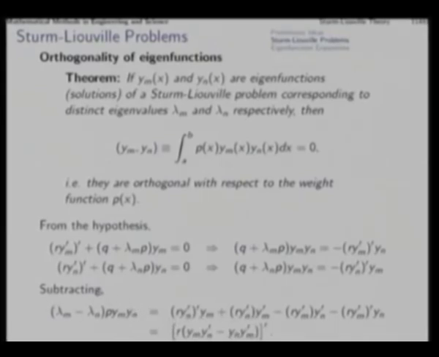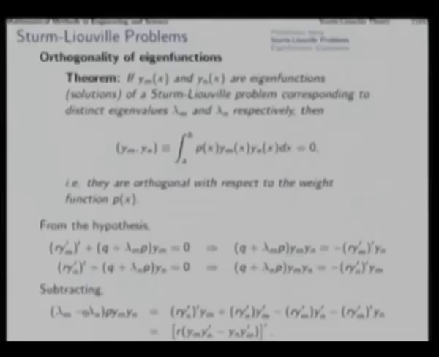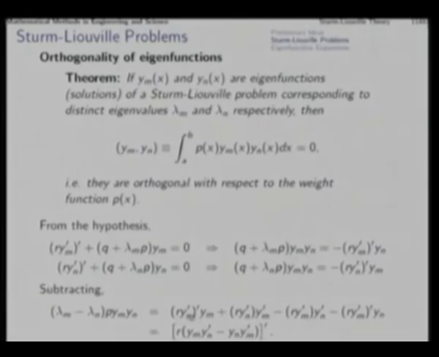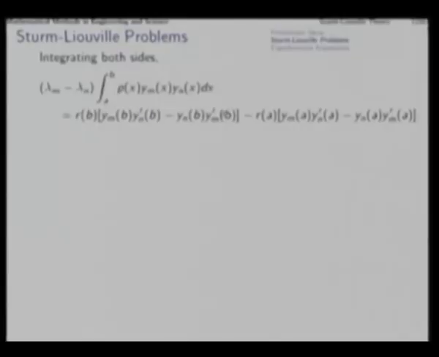Now we integrate both sides from a to b, and this is constant, so this stays outside the integral. We have got this, which is equal to, since this is the exact derivative of this bracketed expression, its integral will be this bracketed expression with the limits at x equal to a and x equal to b subtracted, that is, that entire expression at x equal to b minus that entire expression at x equal to a.